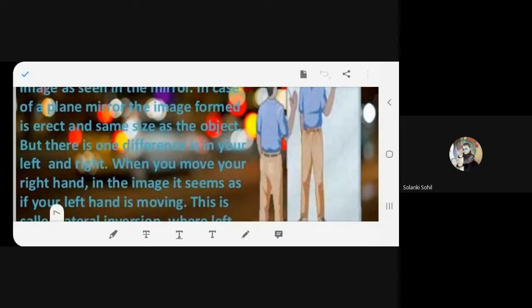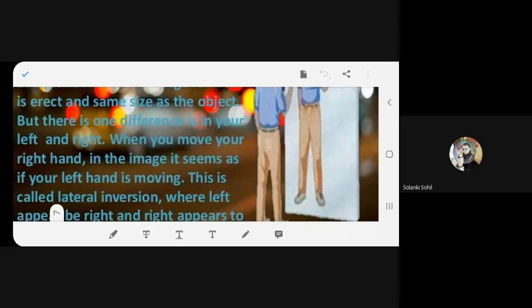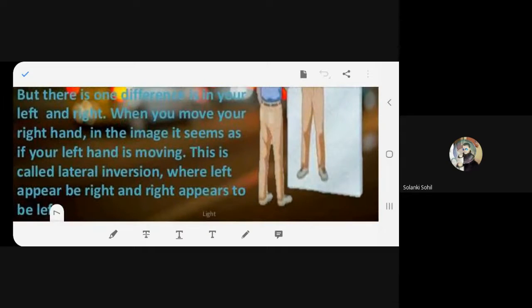When you move your right hand, it seems as if your left hand is moving in the image. This is called lateral inversion, where left appears to be right and right appears to be left.